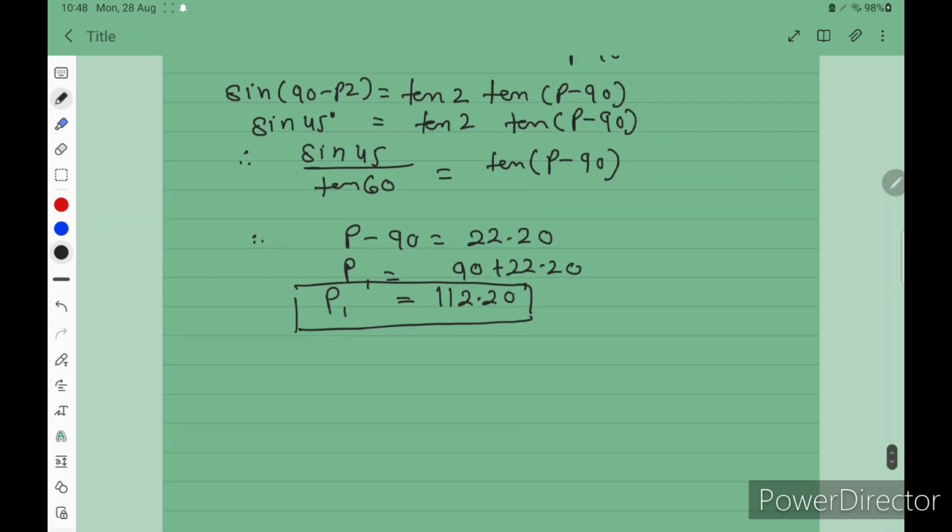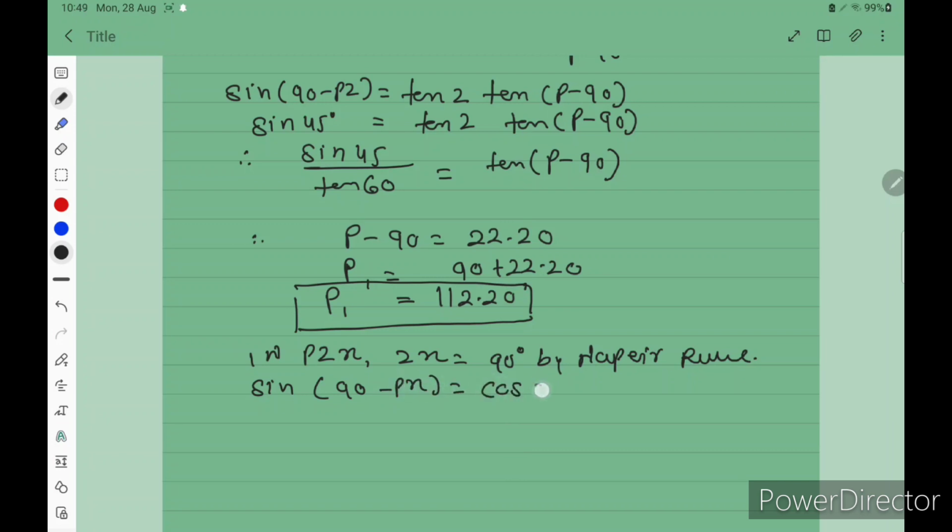Now in the second triangle PZX, ZX is equal to 90 by Napier's rule. So sine of 90 minus PX is equal to cos Z into cos of 90 minus PZ.